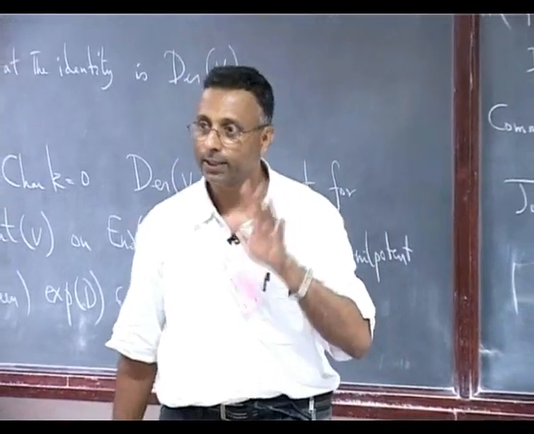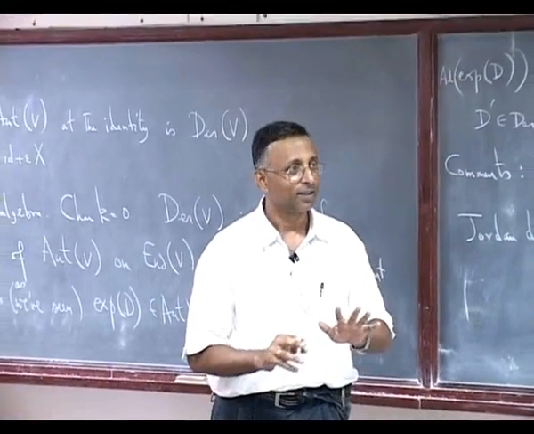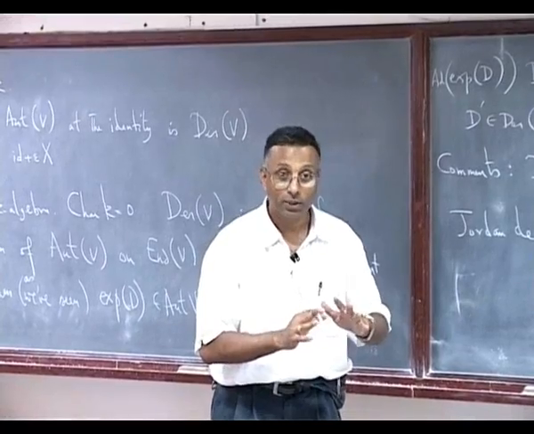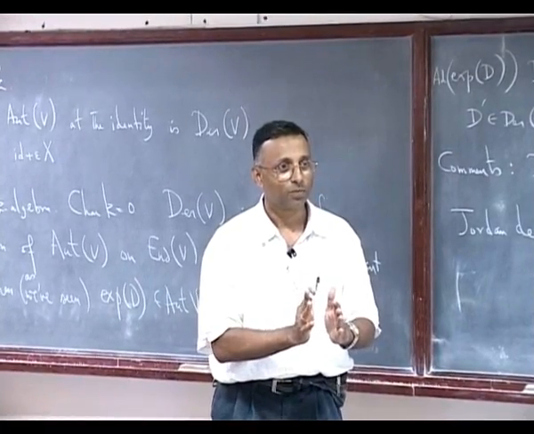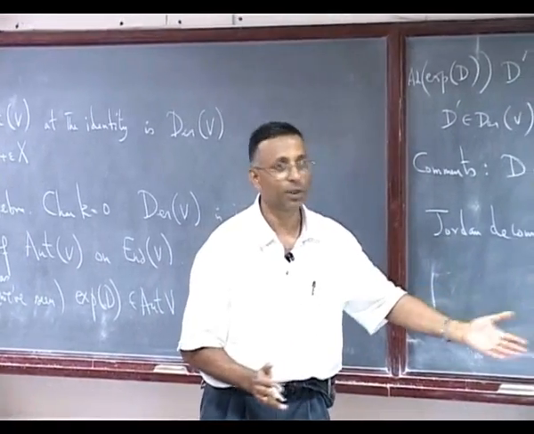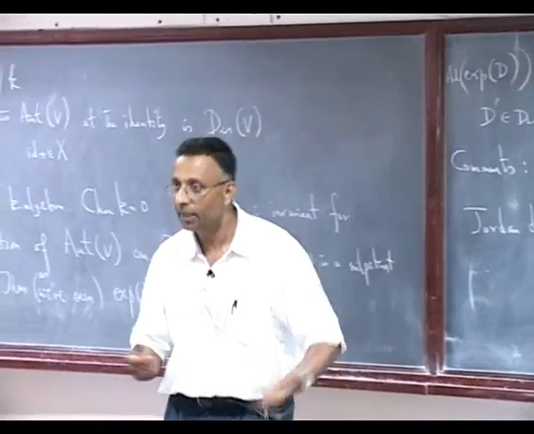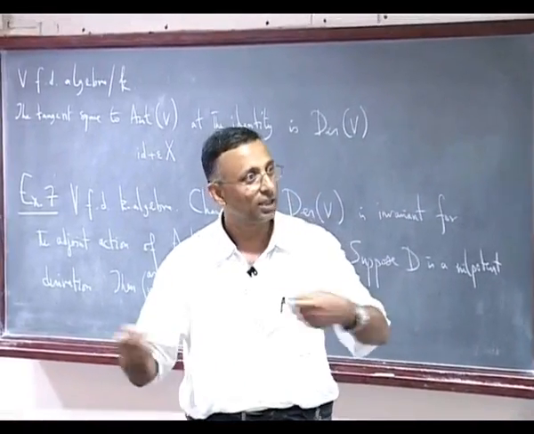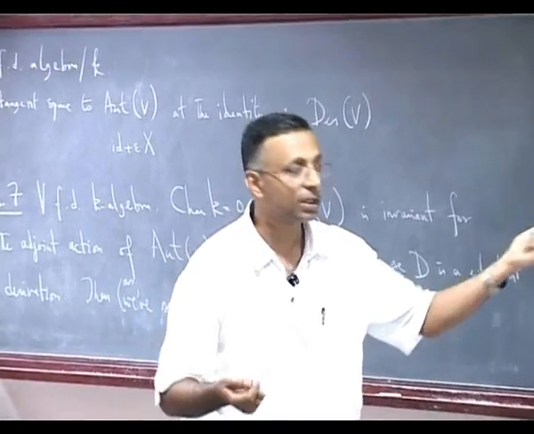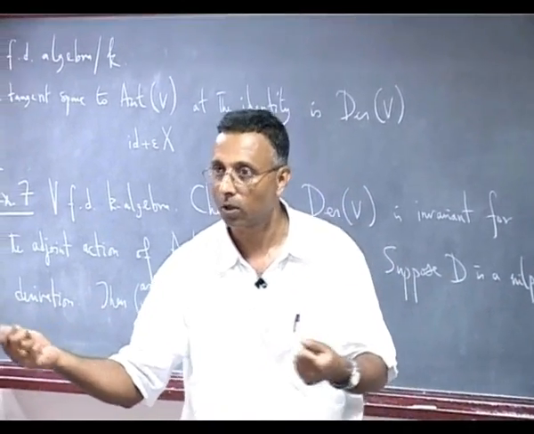So it's good to keep asking yourself whether a statement is true, and try to match what you know between this and what you know from finite groups over complex numbers.